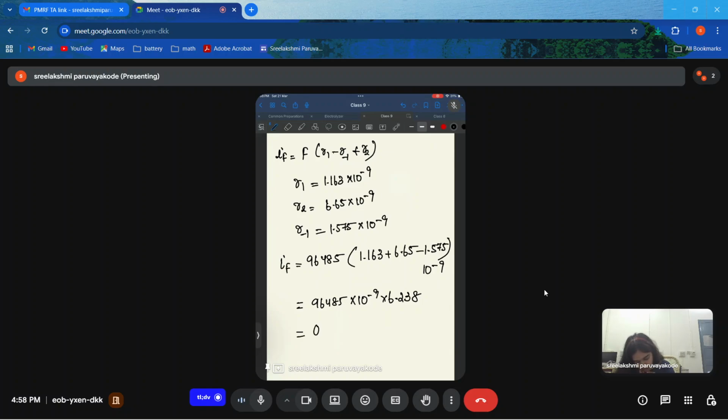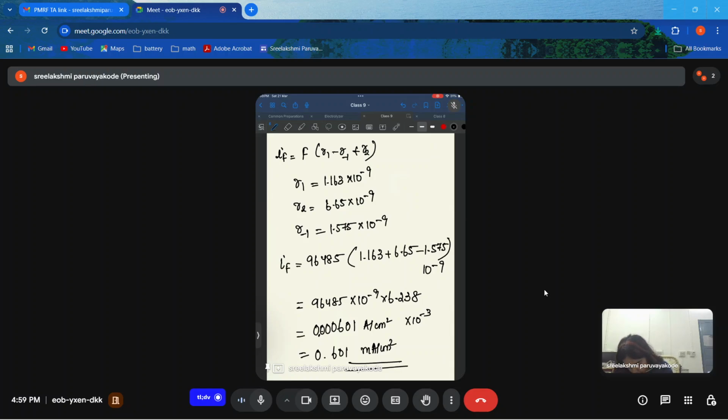So I'm getting 0.00601, sorry, one more zero, ampere per centimeter square. In milliamp per centimeter square, I have to multiply this by 10 to the power 3 to get them in milliamp per centimeter square. This is the value I am getting.